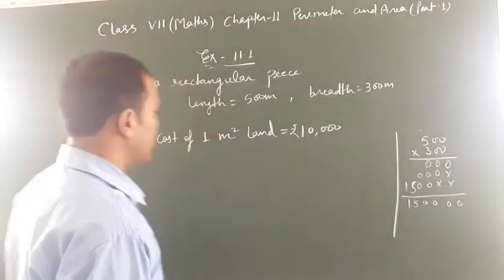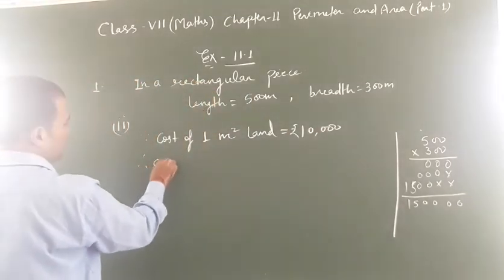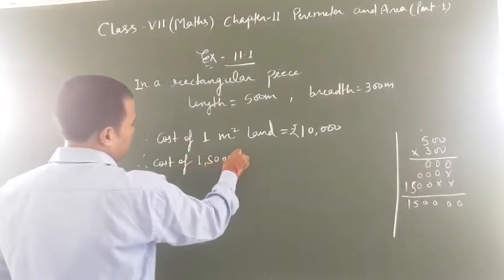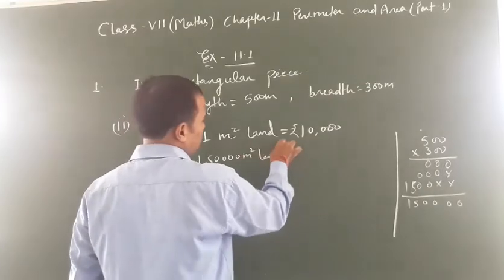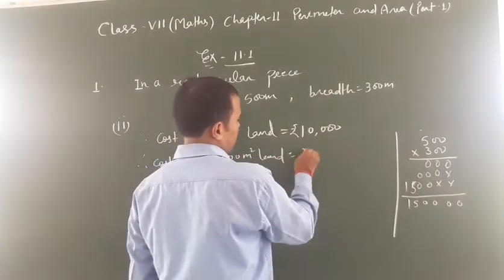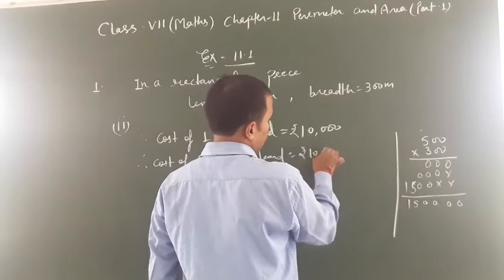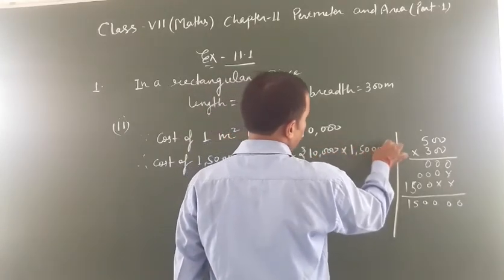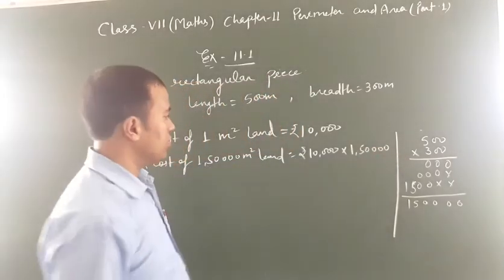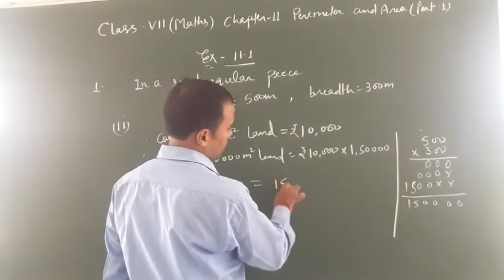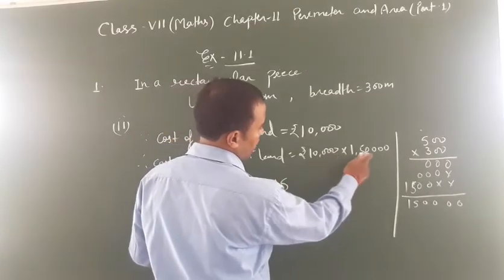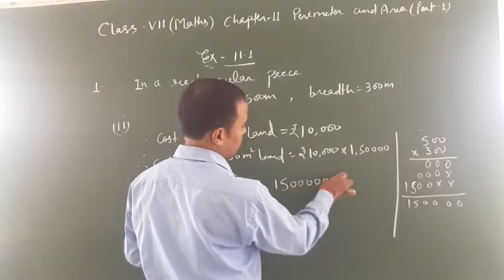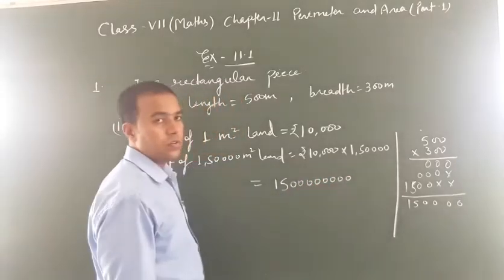Therefore the cost of 1,50,000 meter square land equal to what? 10,000 multiplied by 1,50,000 equal to 15 followed by 8 zeros. Clear?